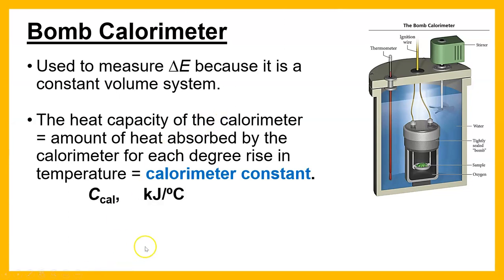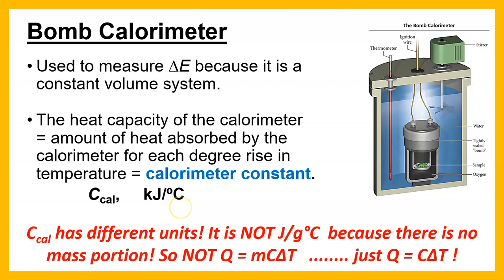You'll notice here that the calorimeter constant does not have mass, because we're just taking this as like an object in its entirety. We don't change the mass of the calorimeter. So instead of using Q equals MCAT, it just turns into Q equals CAT. Right? There's no mass component here.